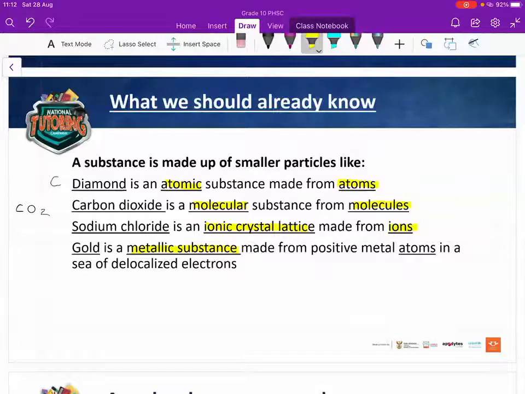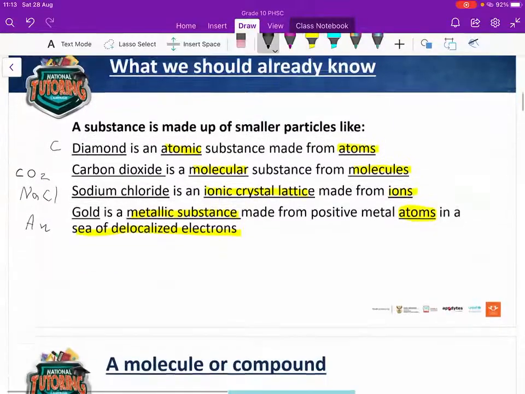They are made from positive metal atoms in a sea of delocalized electrons. So that's what substances are made up of. They're either made up of atoms, or molecules, or ions, or from atoms in a sea of delocalized electrons. Sodium chloride is NaCl, and gold is Au.